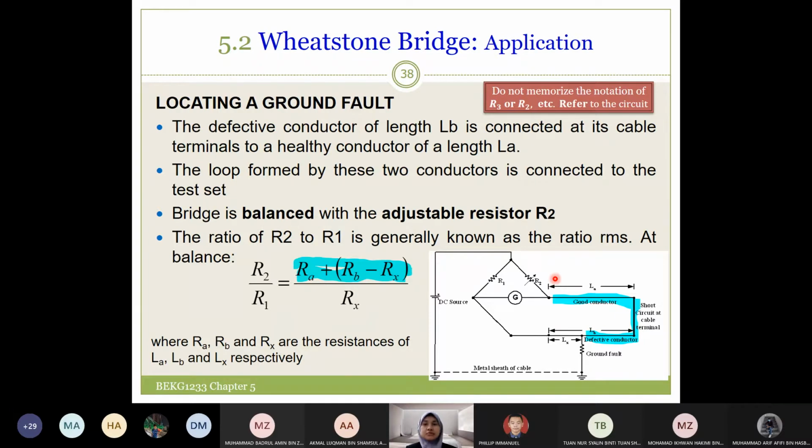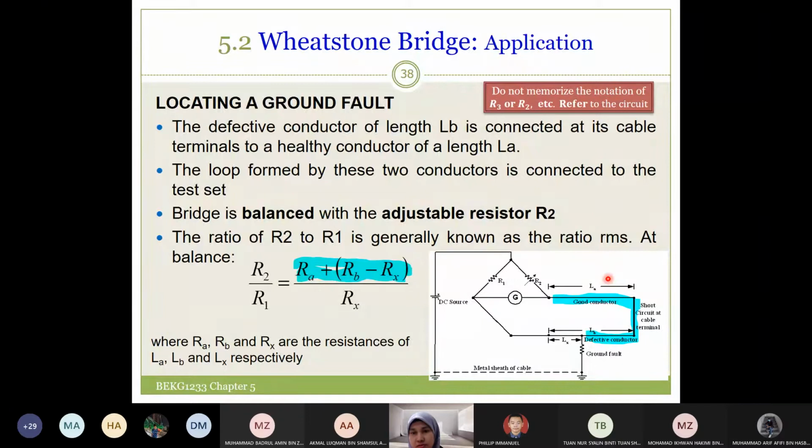So the green path is RA plus RB minus Rx. So in conclusion, R2 divided with R1 is equal to the green one divided with Rx.